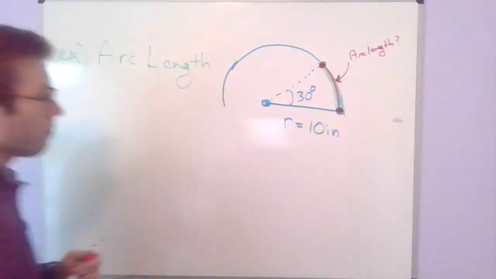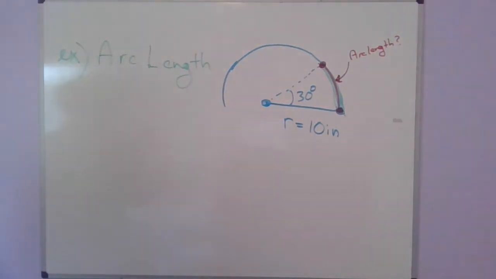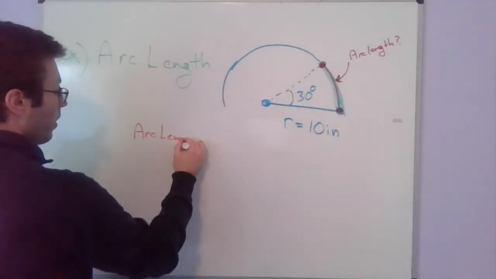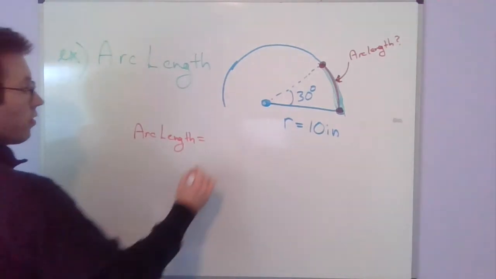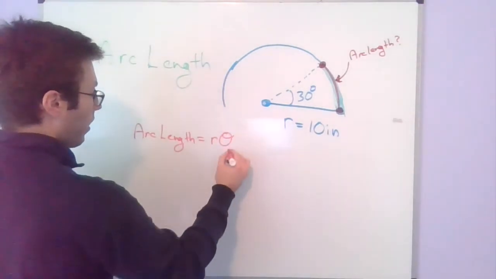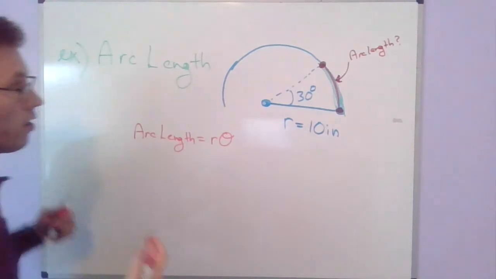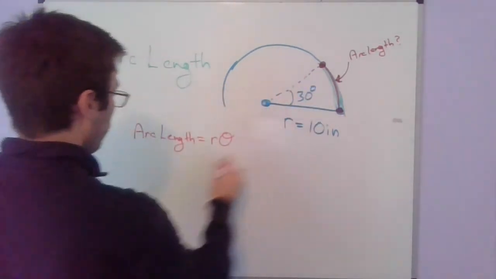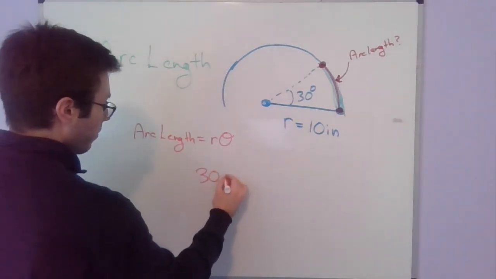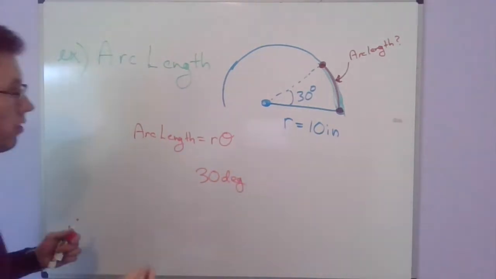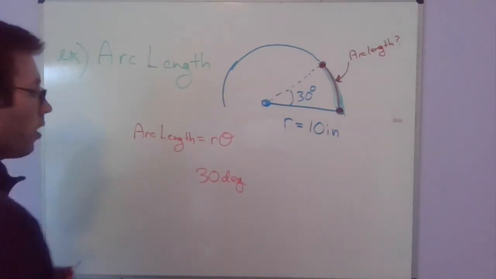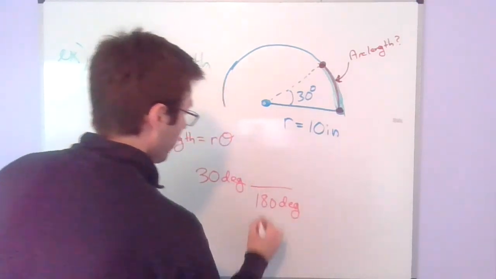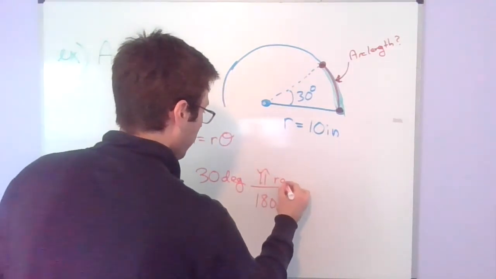Again, the formula for arc length is just the radius times theta, and theta is measured in radians. So if we have 30 degrees here, and we want to figure out what that is in radians, well, we know that 180 degrees is equal to pi radians.